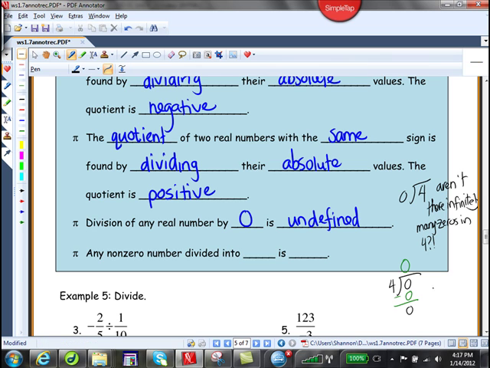So 0 divided by 4 is 0, and 4 divided by 0 is undefined. Okay. Any non-zero number divided into 0 is 0.